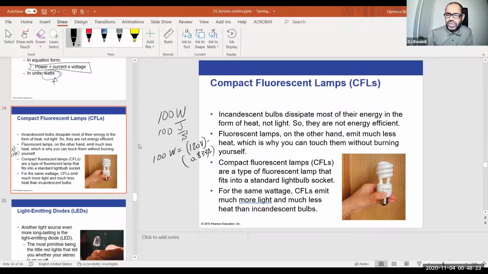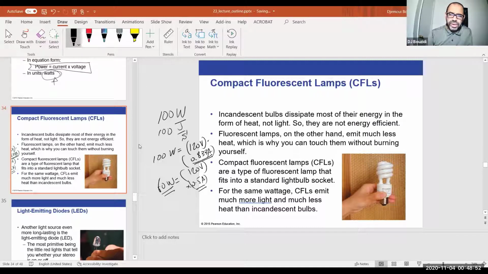So you ask how much this one versus another one, for example, of 60 watts. 60 watts will run 120 volts times 0.5 amps in this case. So the fact that this one is brighter is because it's running at a higher current than the one that is lighter, okay? The one that is running less current is going to be less bright than the other one.